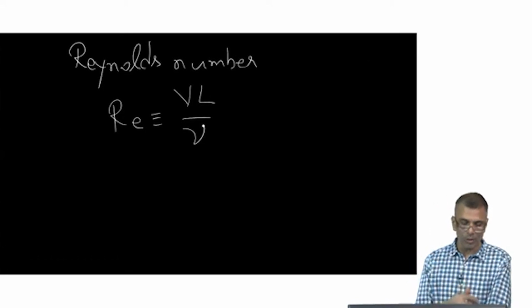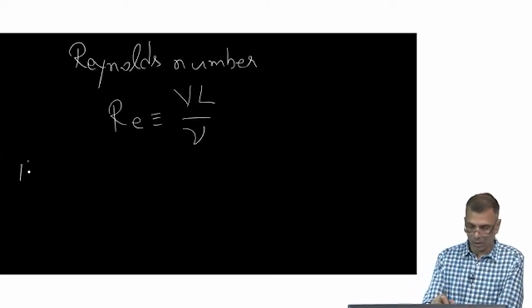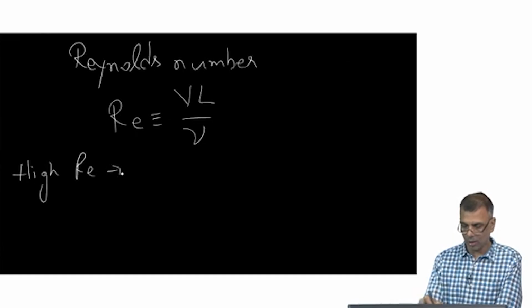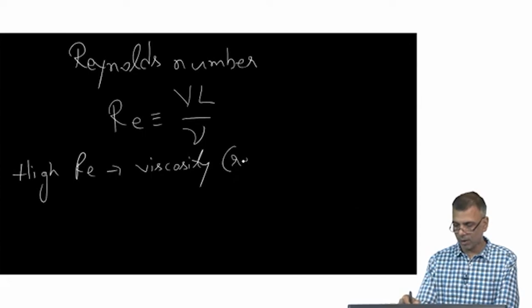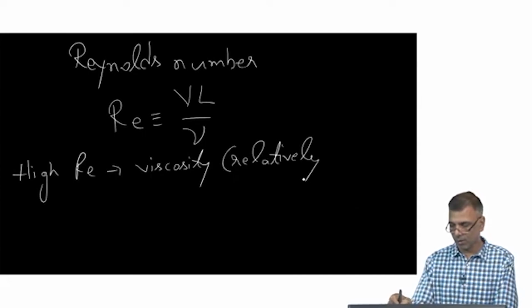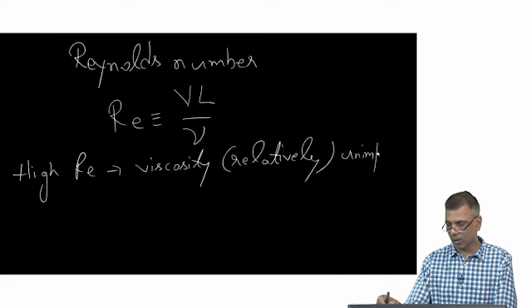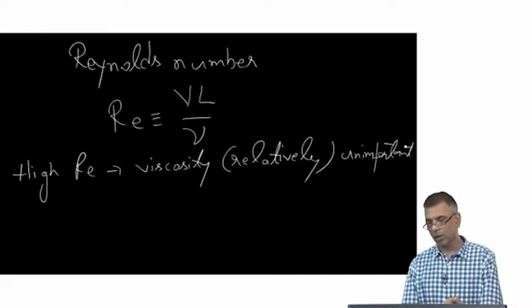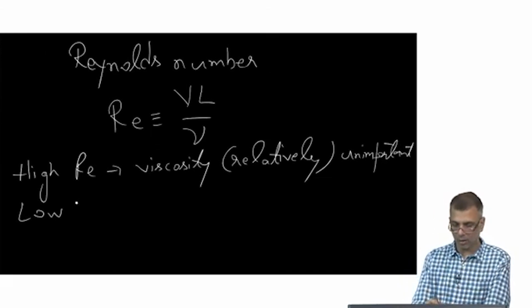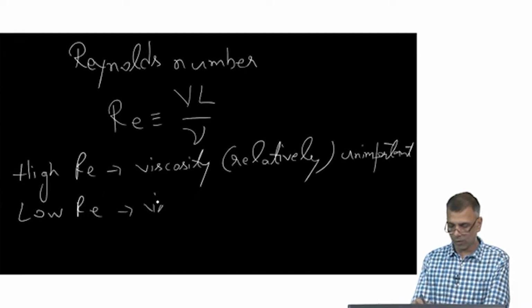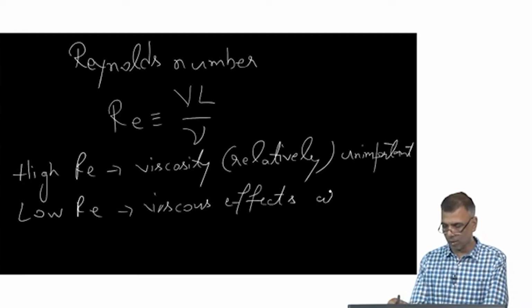If the Reynolds number is low, viscous effects are important. So these are the regimes.